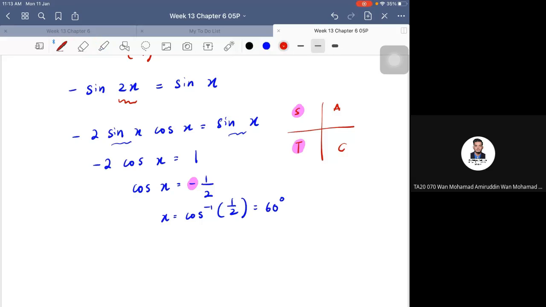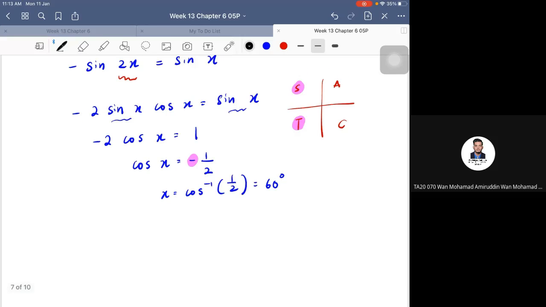So maknanya bila kita cari nilai sebenar x, reference angle kita adalah 60, and we know that if it's in the second quadrant, kita kena ambil 180 tolak kita punya reference angle. So that is for the second quadrant. So untuk third quadrant, dia adalah 180 tambah kita punya reference angle. So nilai sebenar dia adalah sama dengan 120 degree and also 240 degree.